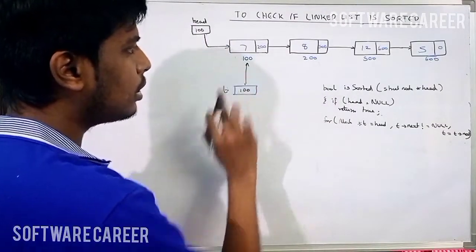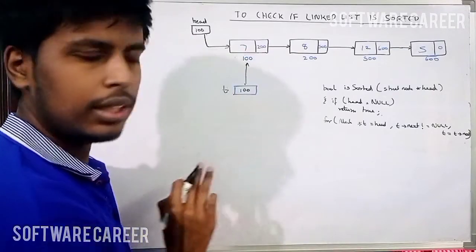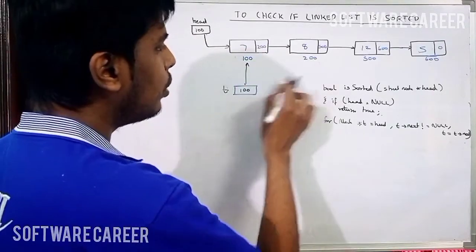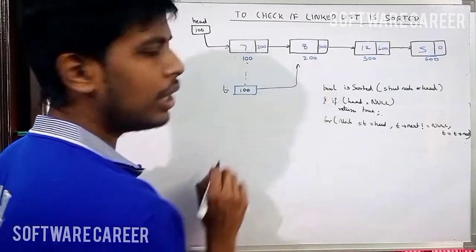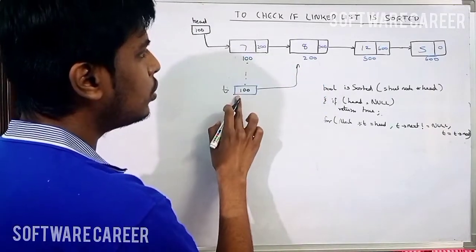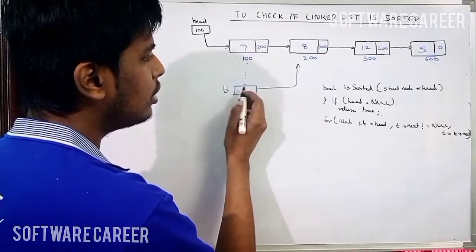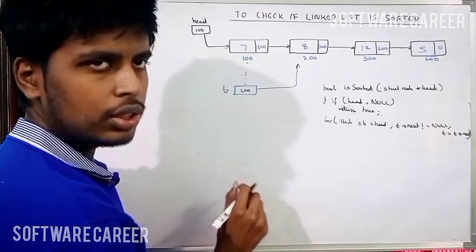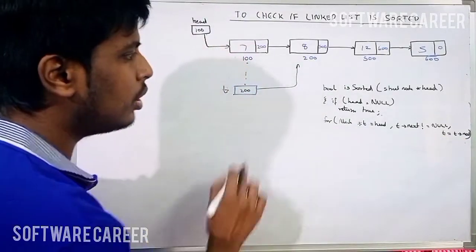First this is 100, then it will compare whether 7 is less than 8. Yes, it's less than 8. Then it will move from this node to the next. So how can I move? t equals t next. t is 100, 100 next is 200. So I'll change this to 200. That's why I'm writing, in what interval, t equals t next. So this is the loop.